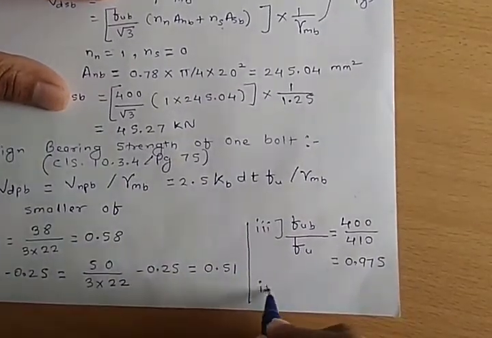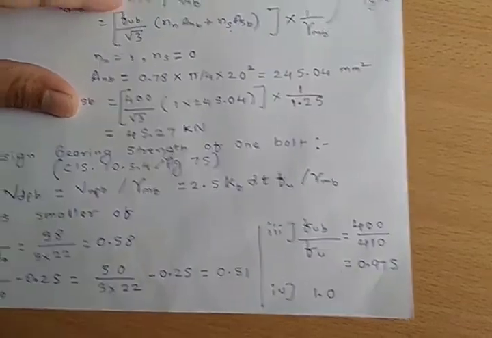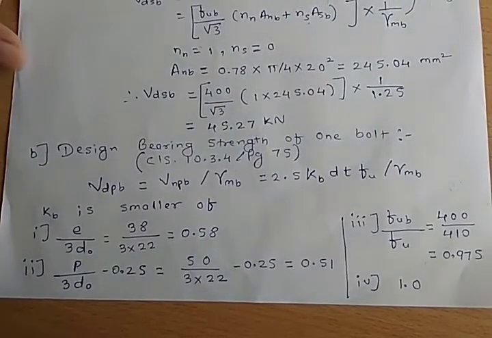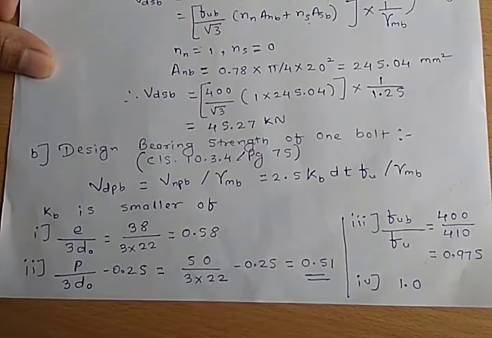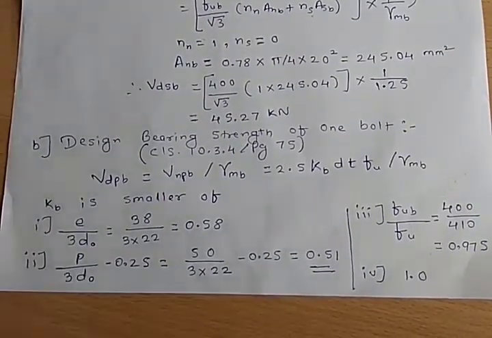And the fourth parameter is 1.0. Out of all the four parameters, the smaller value is the second parameter, which is 0.51. That is the value of kb. So we got the value of kb here.